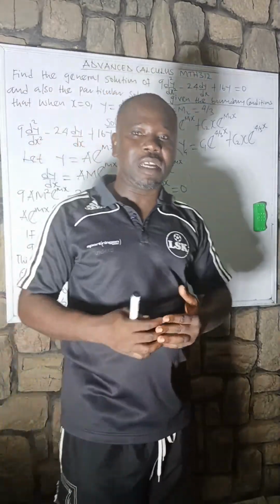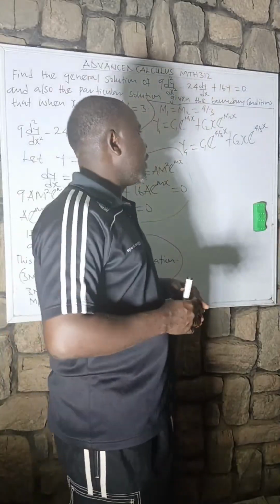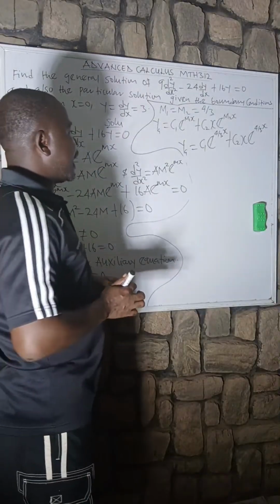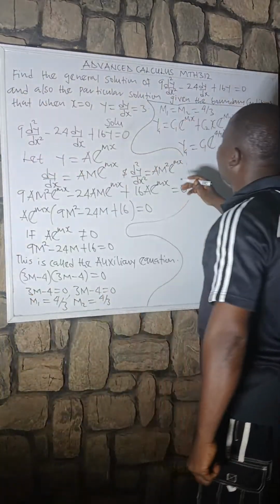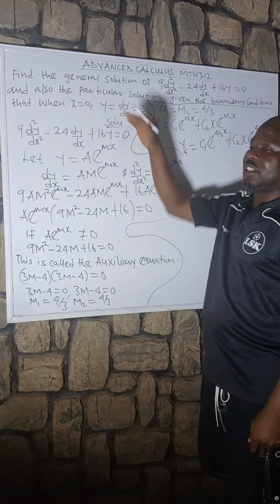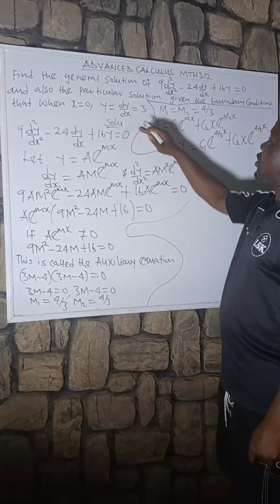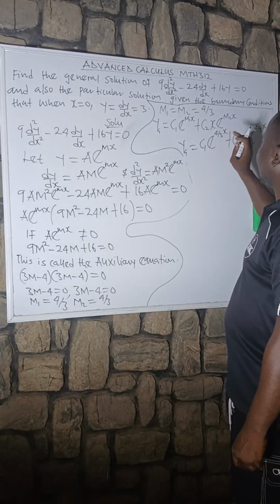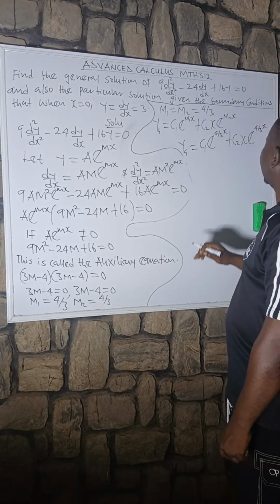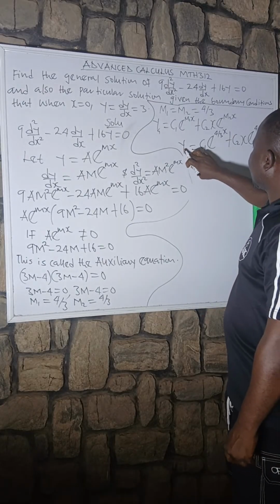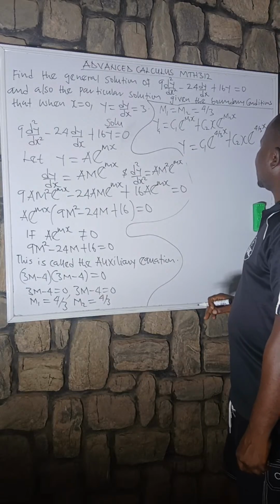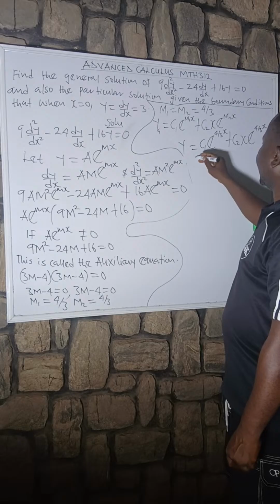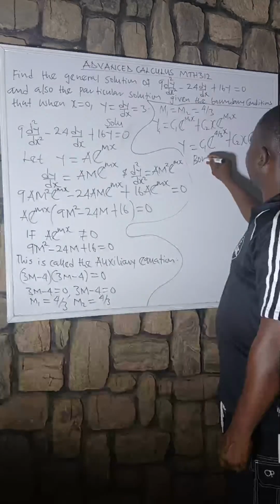But I'm going to break it down for you. For us to obtain the particular solution, we have to introduce our boundary conditions into the general solution. But let's take off this G. So we now consider the boundary conditions.